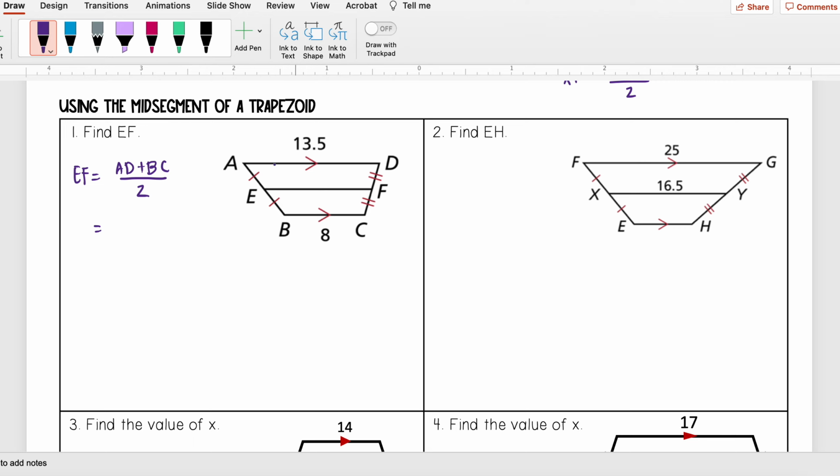AD is 13.5 plus BC, which is 8, over 2. 13.5 plus 8, I get 21.5. When I simplify this out, I get that EF is equal to 10.75.